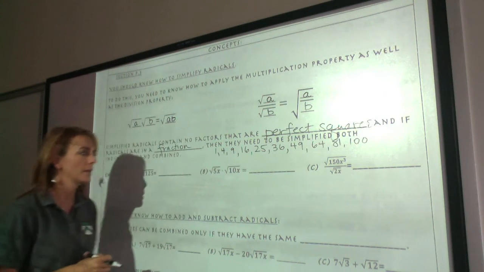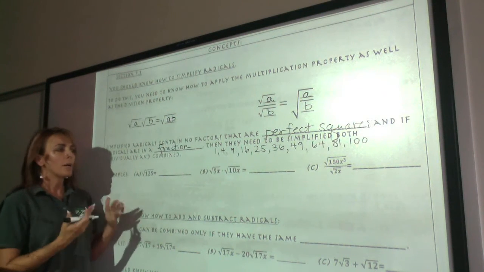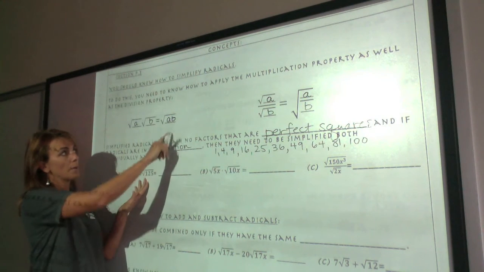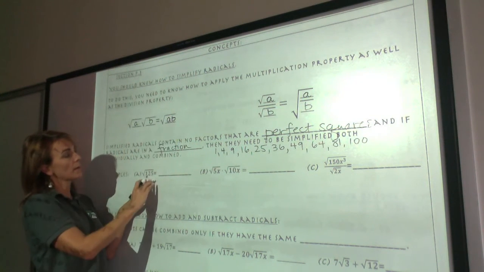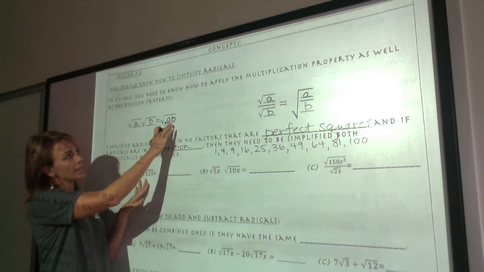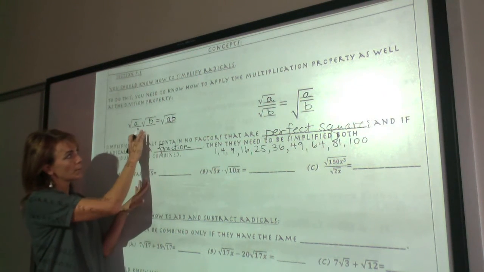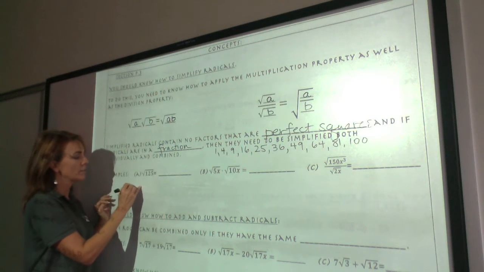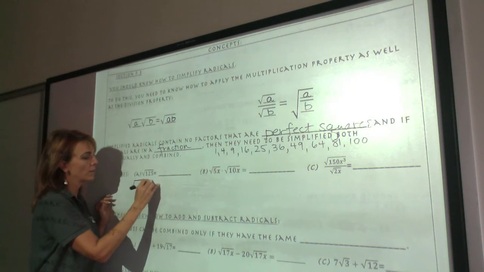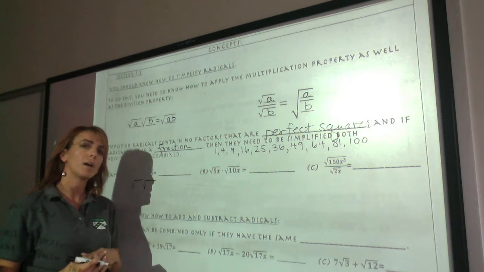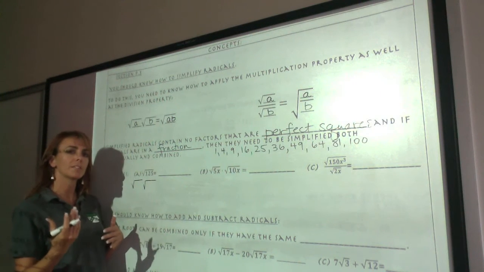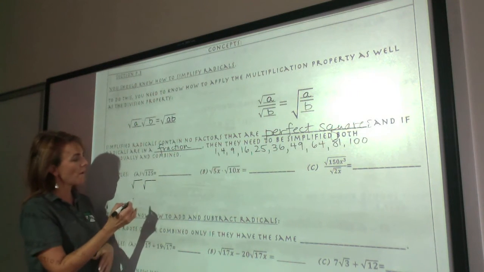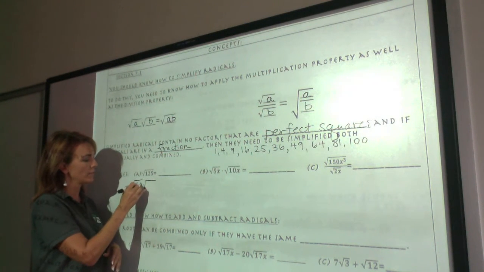Okay, so if I want to simplify something that looks like this, the square root of 125, we have something in this form that we want to break apart into this form. What I want to do is break it into two radicals, and I want to take the biggest perfect square factor of 125 out that I can, and I think that's 25.